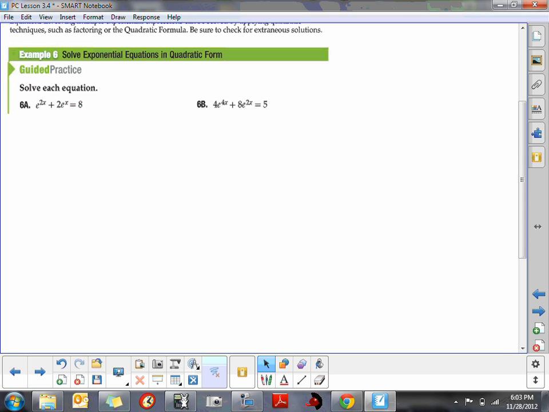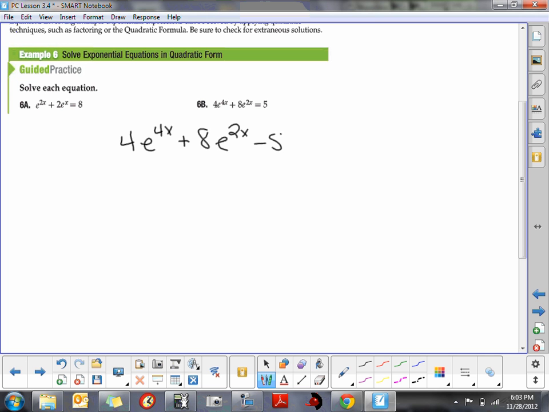The next quadratic form is even more advanced. There's a quadratic form in here. If I rewrite this as 4e to the 4x plus 8e to the 2x minus 5 equals 0. Now, just like I did last time, I want to use the flexibility of these exponents. This is the same thing as 4 times e to the x raised to the 4th plus 8 times e to the x squared minus 5 equals 0.